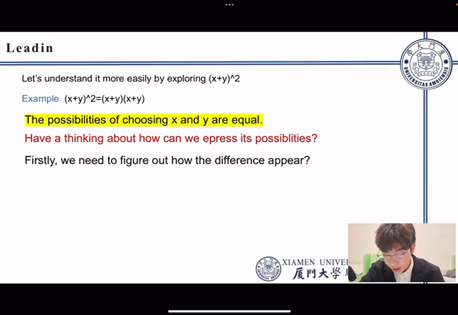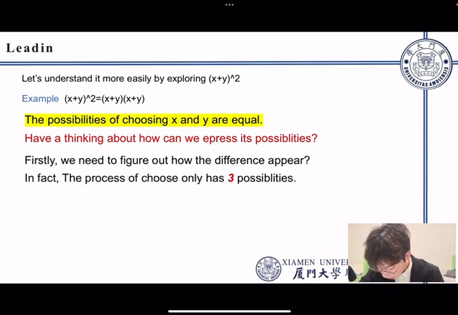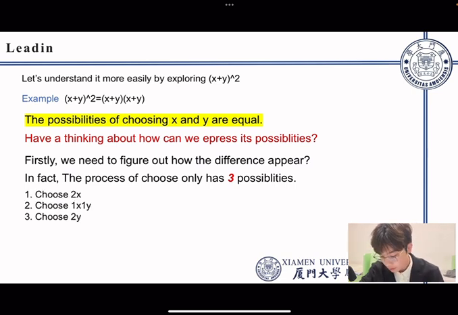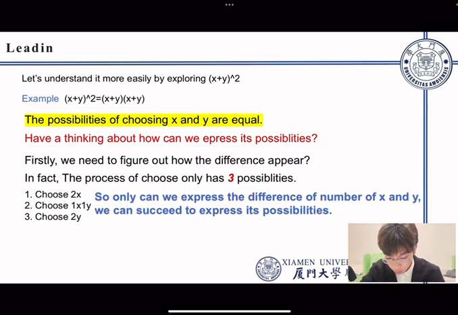Can we make out the problem? In fact, the process of choosing only has 3 possibilities: choose 2x; choose 1x, 1y; choose 0x, 2y. So only if we can express the difference in the number of x and y can we succeed in expressing its possibilities.